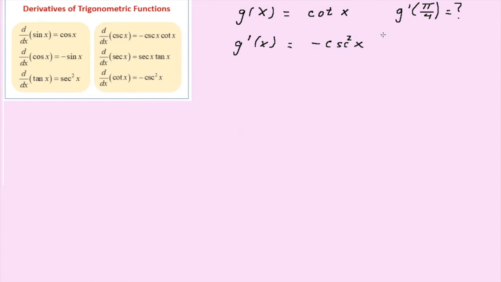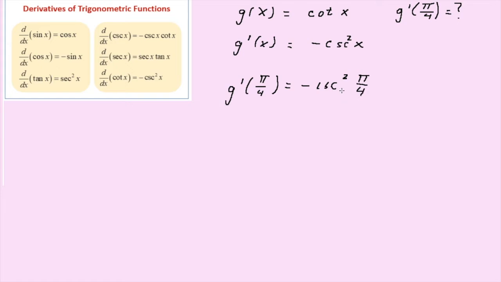Then we'll need to substitute in pi over 4 in order to evaluate g prime of pi over 4, which will be negative cosecant squared pi over 4.